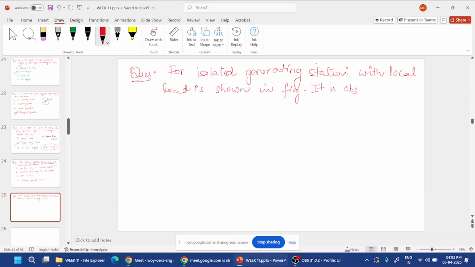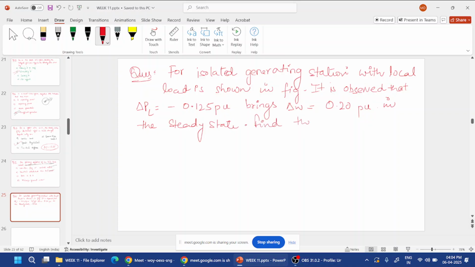It is observed that del PL equal to minus 125 per unit brings del W to 0.20 per unit in the steady state. Find the value of R. Take del PC as 0.